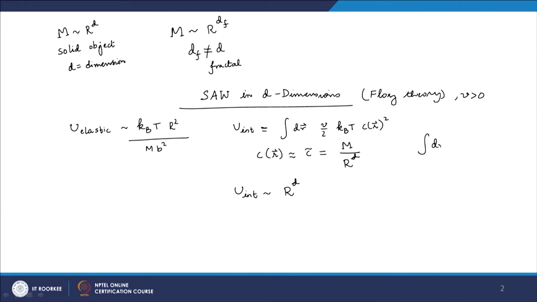In general, integration over dr has a dimension of r to the power d. In any case, we assume the concentration to be constant. So we have v kBT times m by r to the power d, squared.